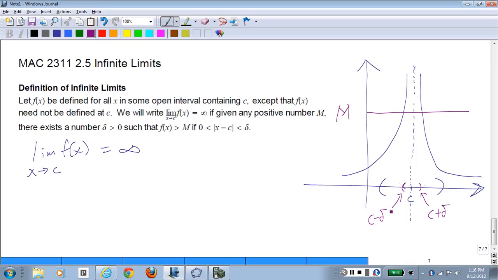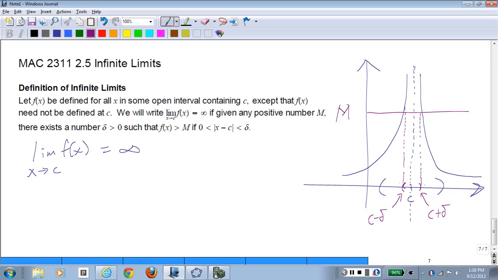And look at the vertical lines associated with this. I had to fudge it just a little bit. There exists a delta greater than 0 such that f of x is greater than m for any x in that interval, except possibly at c, where it's undefined.